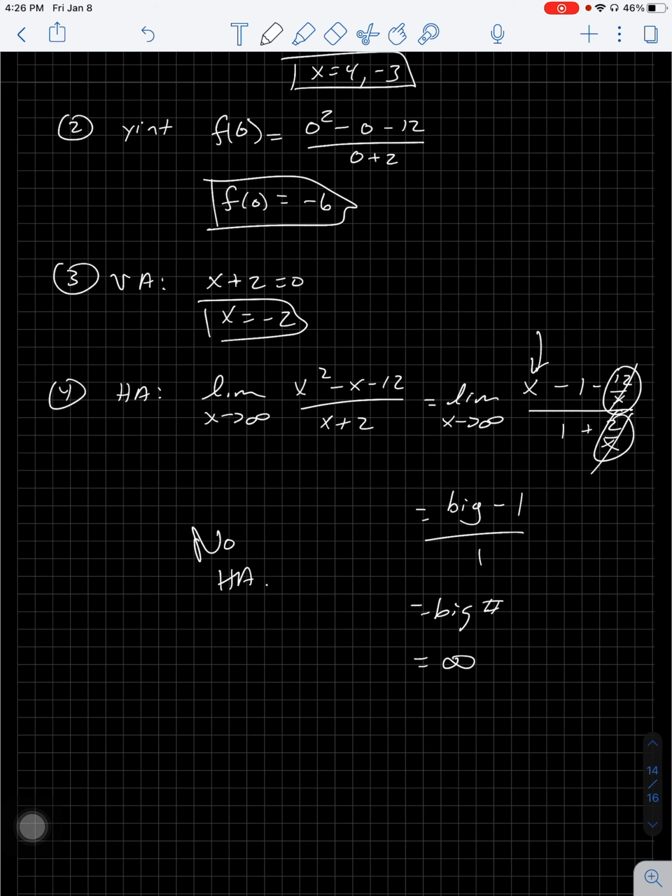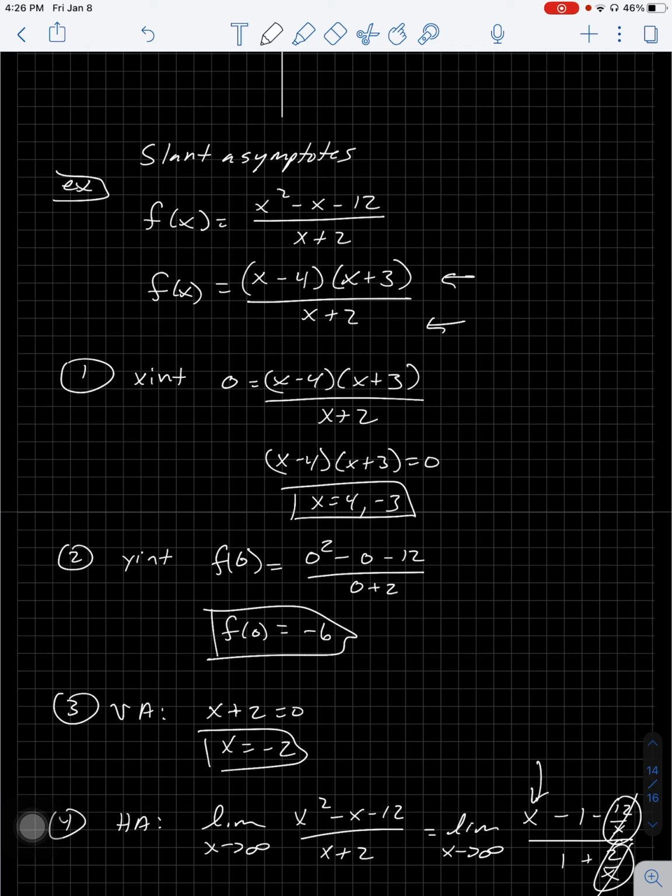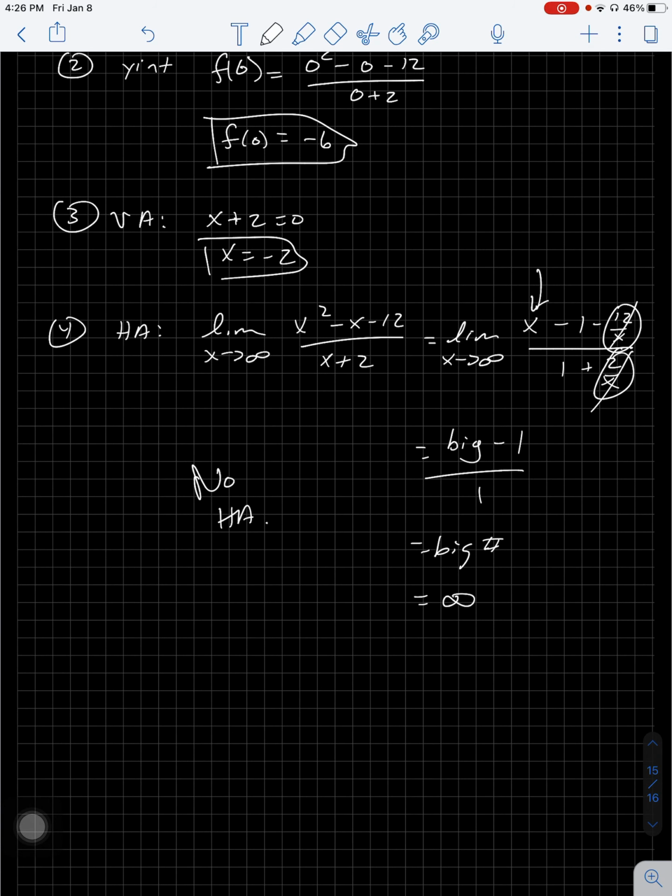Now, I'm on alert. Did I miss a hole? No, I didn't, because I checked that before we went. There's no hole, there's nothing that cancels. So what that means, if there's no hole, is that there is possibly a slant asymptote. How do you know if there's a slant asymptote?